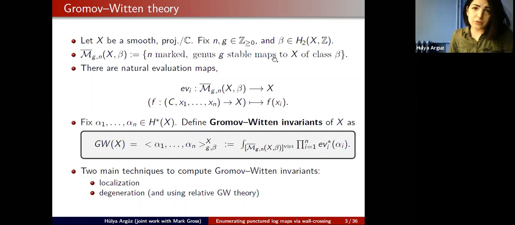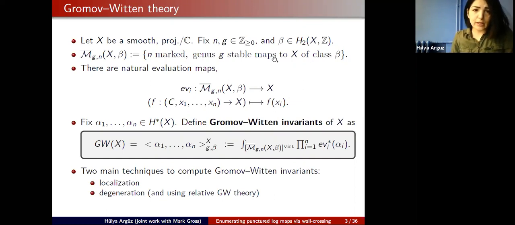There are natural evaluation maps from this moduli space to X, which just evaluate the ith marked point of the curve. And to define the Gromov-Witten invariants, the last data you fix is some cohomology classes alpha_1 to alpha_n, and the Gromov-Witten invariant of X is defined by integrating over the moduli space, against the virtual class, the pullbacks under the evaluation maps of these cohomology classes.